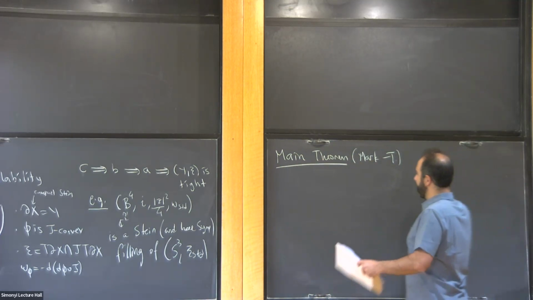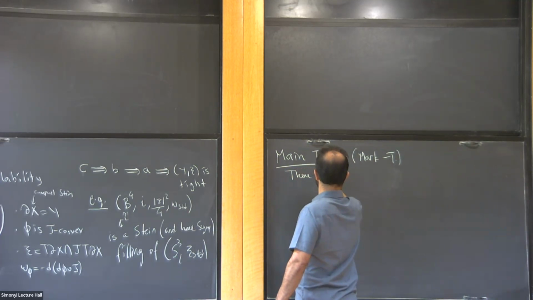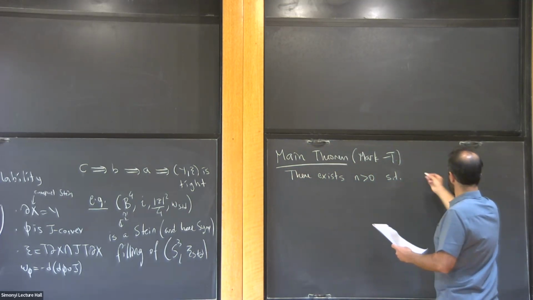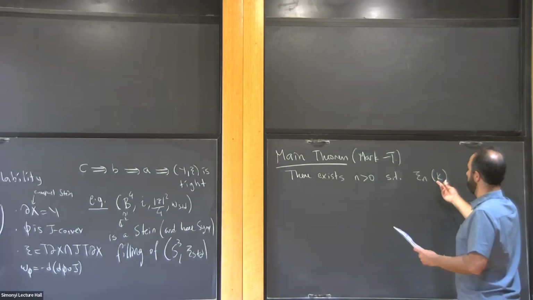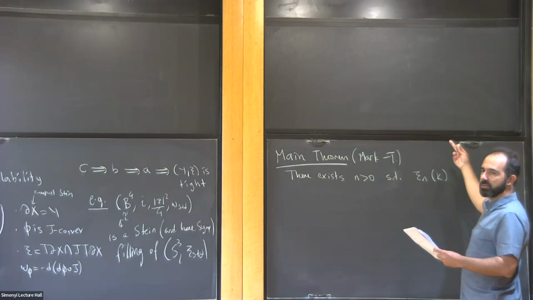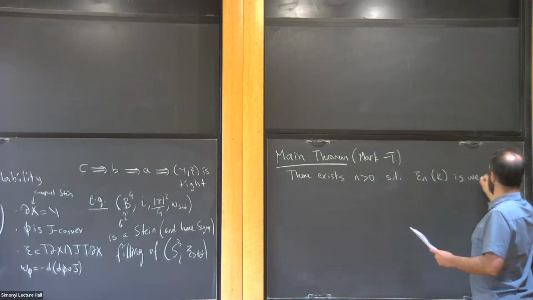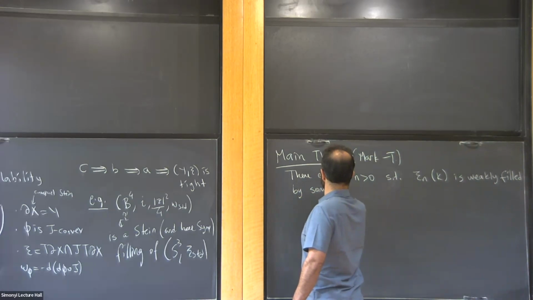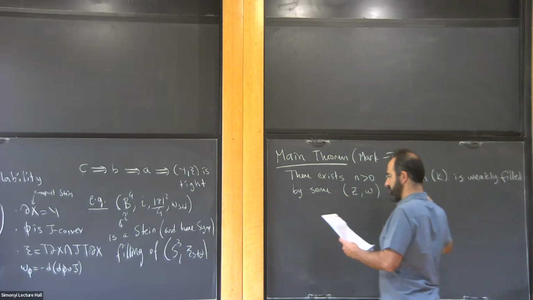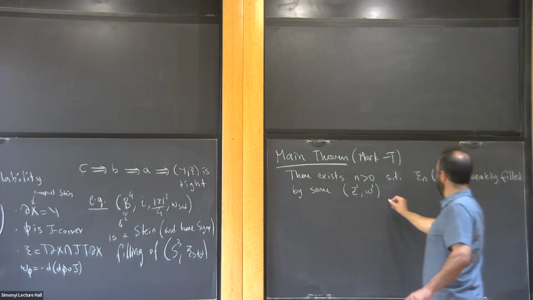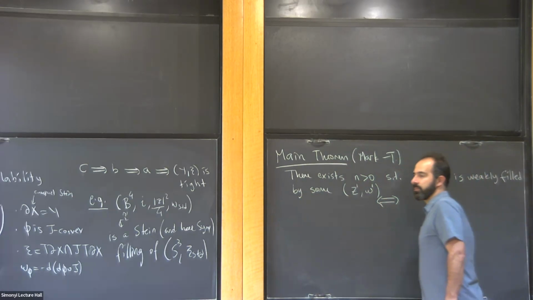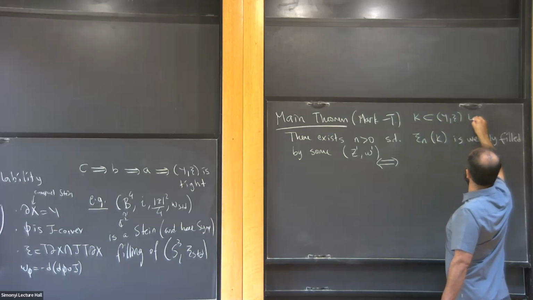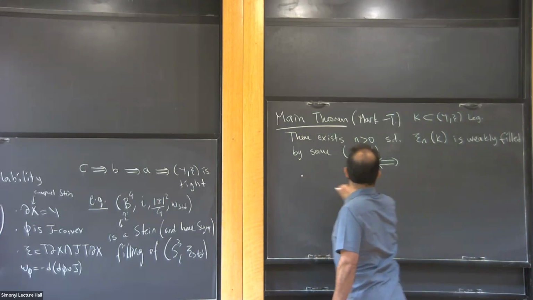There exists an integer n positive such that, using this notation (Y, ξ) sub n of K, which means I am doing contact n surgery along the Legendrian knot K inside the contact three-manifold (Y, ξ), is weakly filled by some symplectic manifold (Z', ω') if and only if the following two conditions hold. Here K is the Legendrian knot inside (Y, ξ). The first one is that the domain manifold must be fillable.